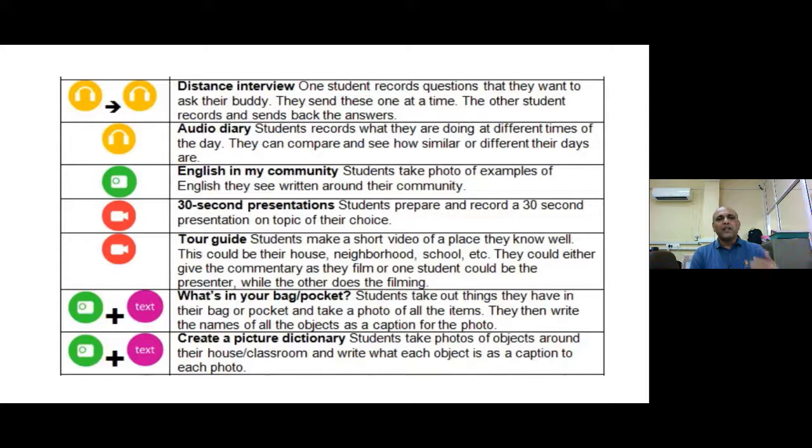We then have English in my community. Students take a photo of examples of English they see written around in their community and share it in the group. Now we live in a world which operates largely in English. You see the advertising hoardings, about 95% of the hoardings are in English.